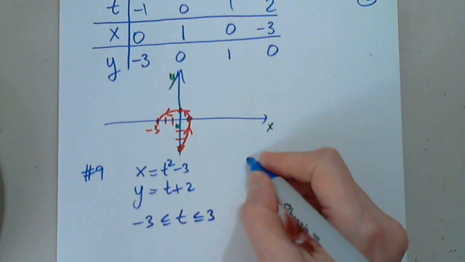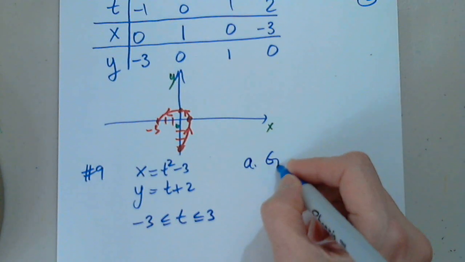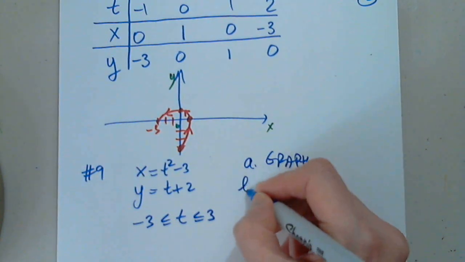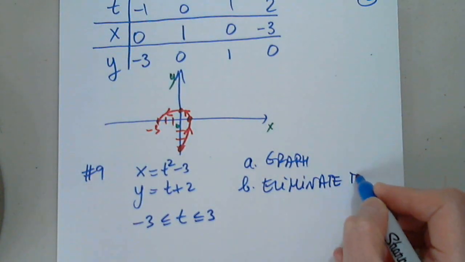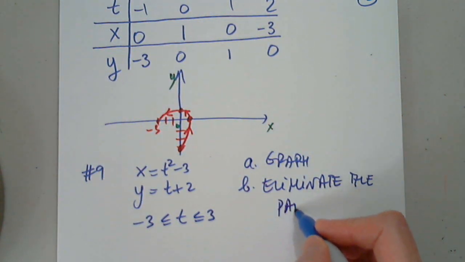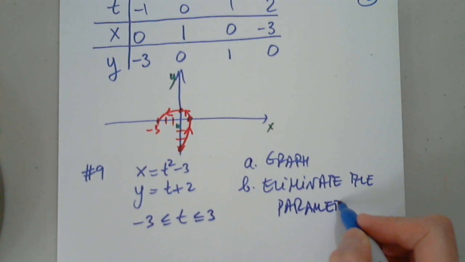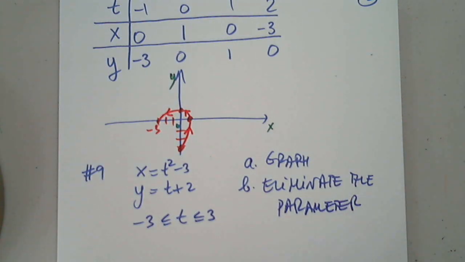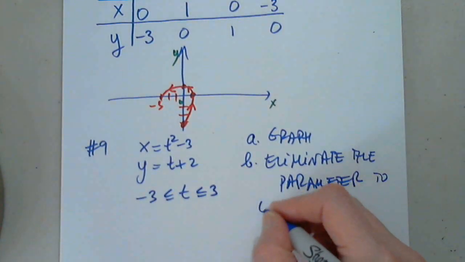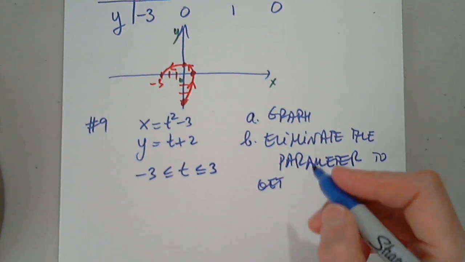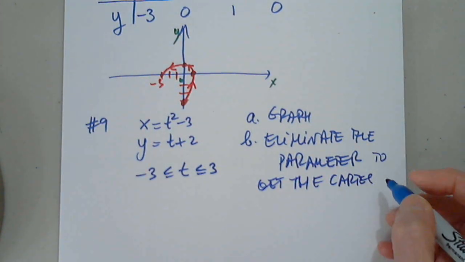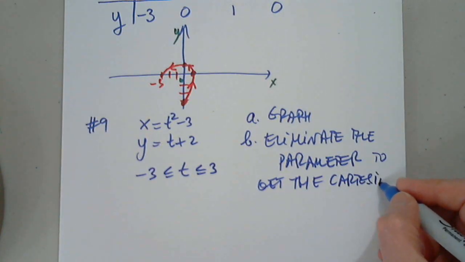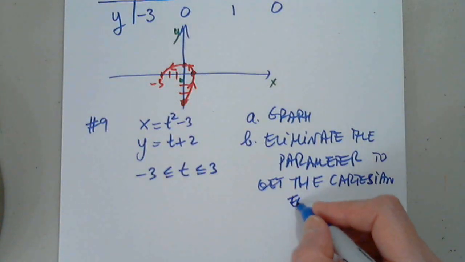In part A, we are asked to sketch the graph. In part B, eliminate the parameter and get a Cartesian equation.